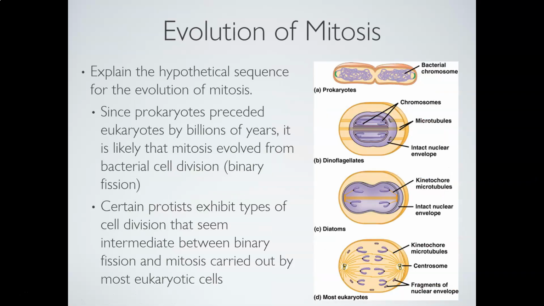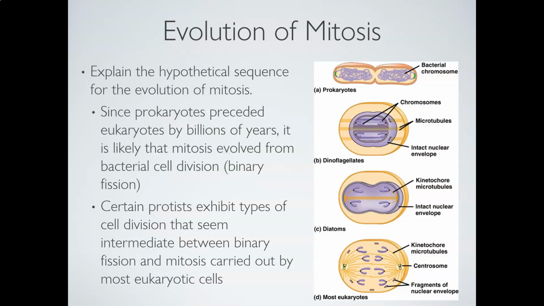So we see this really simplistic version of cell division in prokaryotes, but a relatively complex one in eukaryotic cells. So how did that process of mitosis evolve? Well, it's actually kind of interesting because we know that prokaryotes preceded the evolution of eukaryotes by probably billions of years.